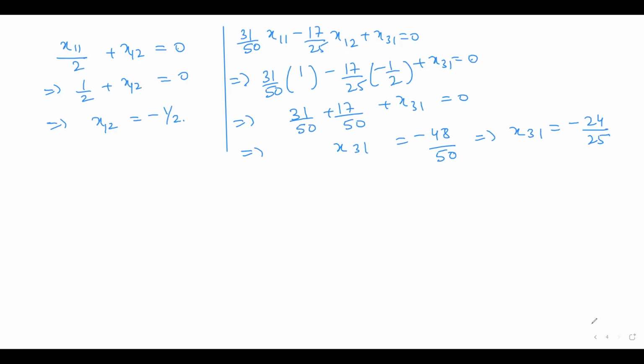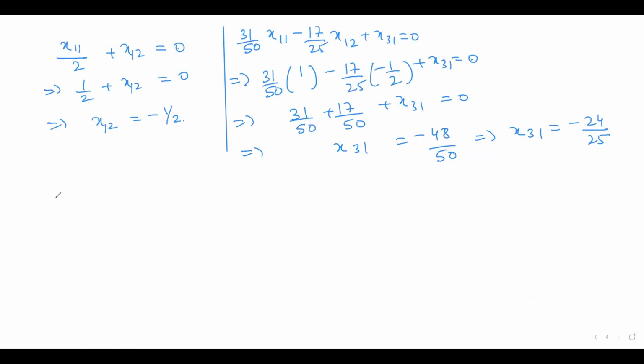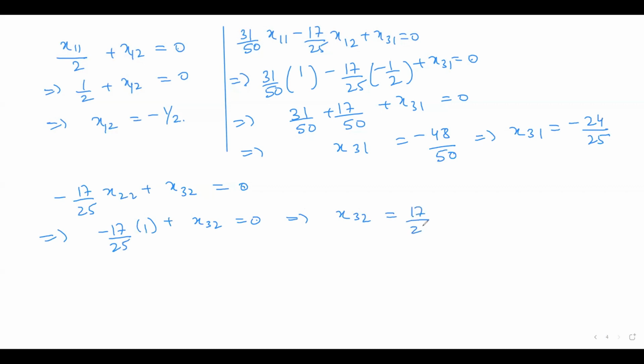Now the last equation that I have is this one, minus 17 upon 25 x22 plus x32 equal to 0. As I have calculated the value of x22, that is 1, so x32 would be equivalent to 17 upon 25.